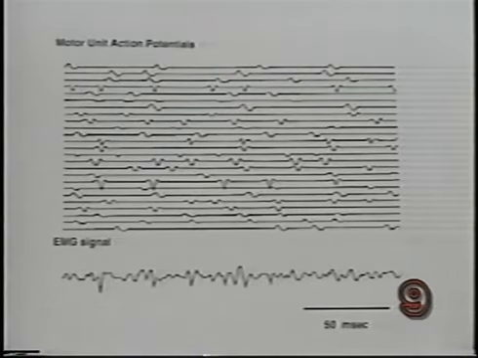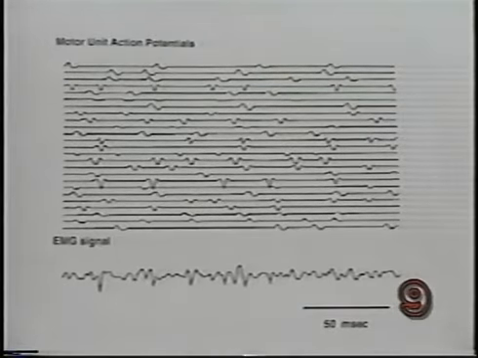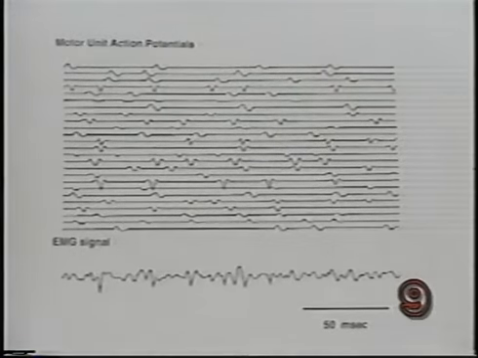The muscle fibers of one neuromuscular unit are activated synchronously and show spike signals with from 1 to 3 phases. As shown in this figure, 25 neuromuscular unit action potentials are summed into the signal at the bottom. This is called an interference pattern.